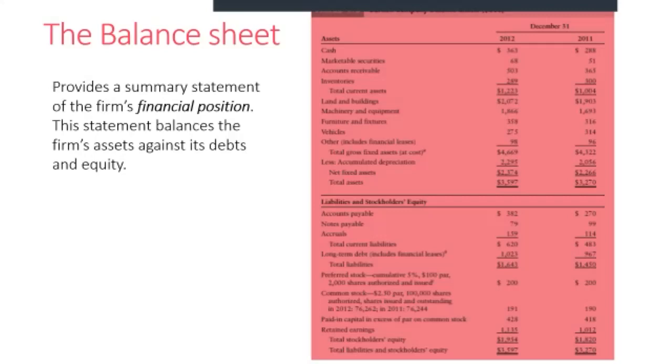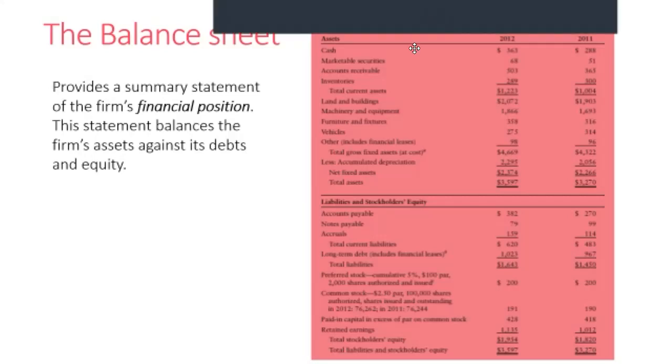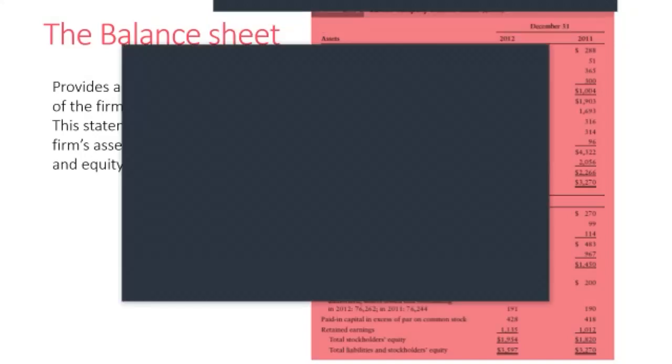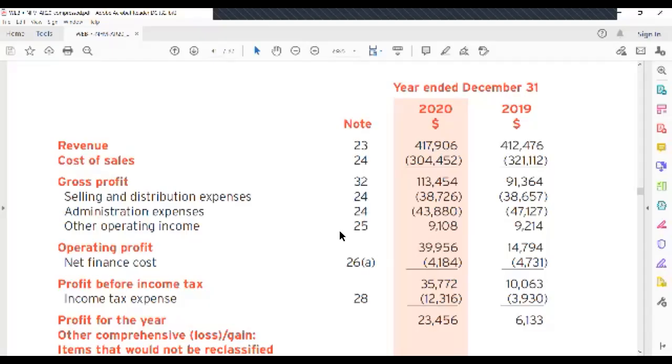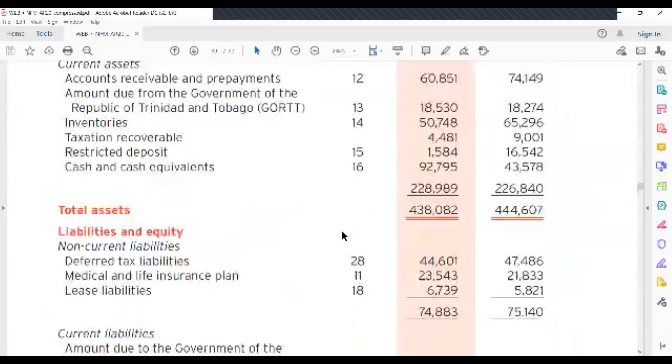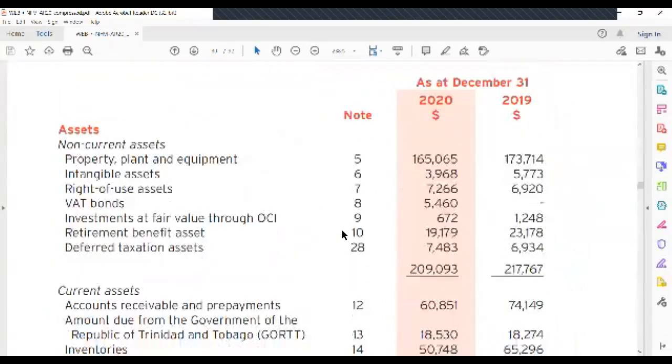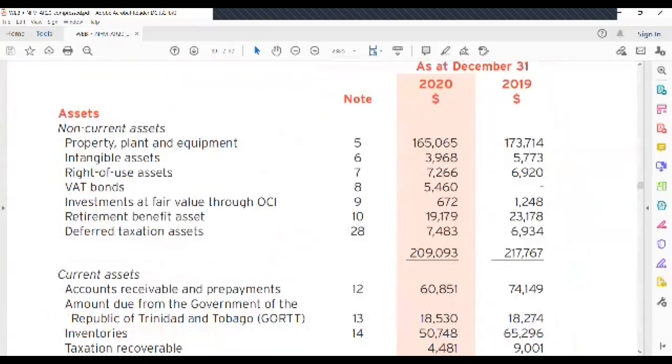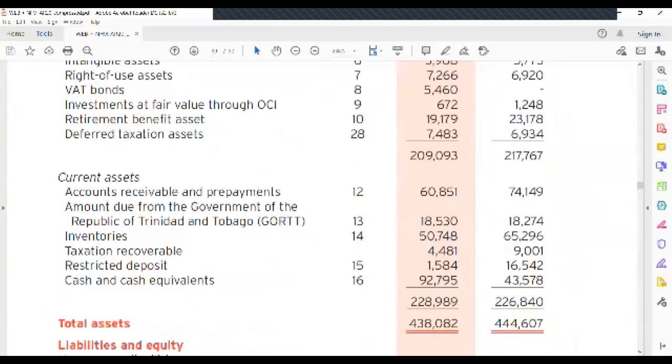So assets is usually on the top. Then we have the liabilities and the stockholders' equity. I'm sharing with you the NFM one just to refresh your memory, because you would have done this in Accounting 1. Non-current assets first, current assets listed, total assets for 438, that's million, 8200, right?